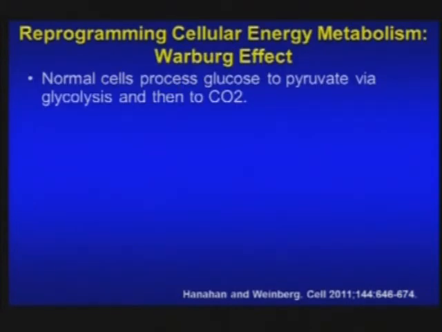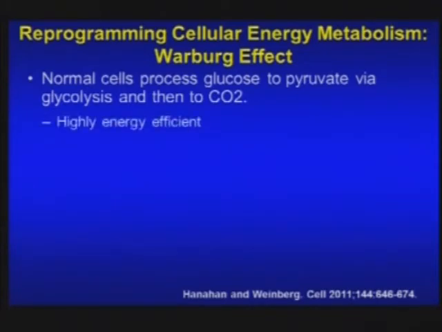So I just wanted to take a minute to go through this reprogramming of cellular energy metabolism. In the literature, you often see it referred to as the Warburg effect. Normal cells process glucose to pyruvate in the cytosol via glycolysis, and then it goes into the mitochondria where CO2 is produced.